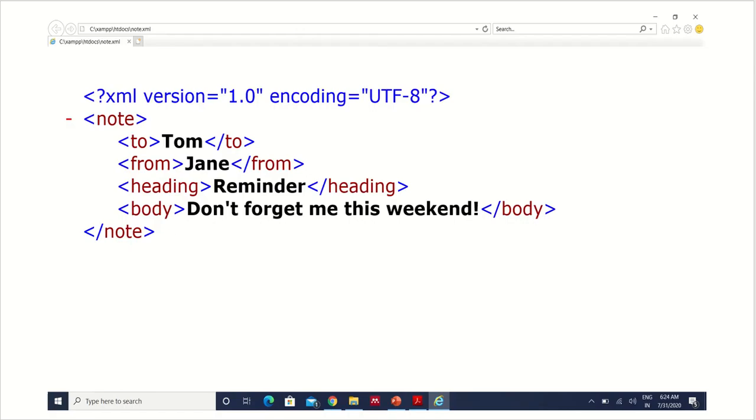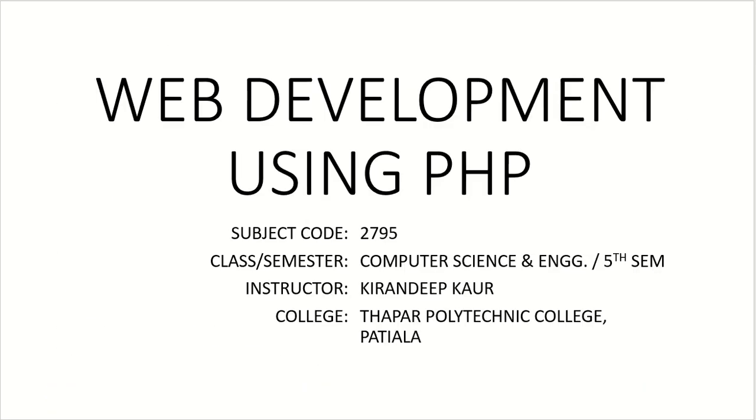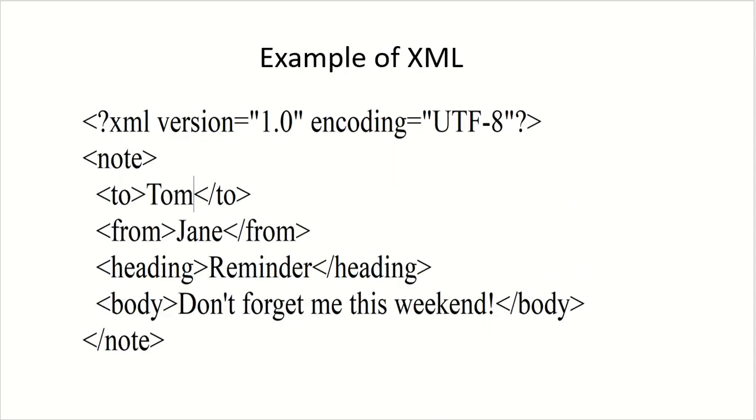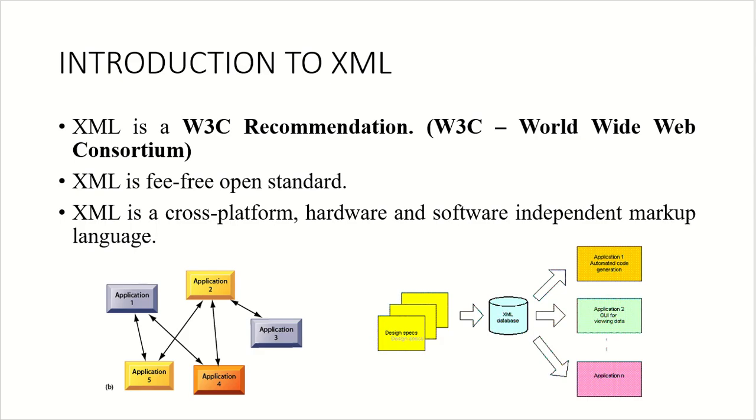XML is the extensible markup language. It is a text-based markup language that enables you to store structured format. Alright, it is self-descriptive and it stores only information. This is the example I have given you.